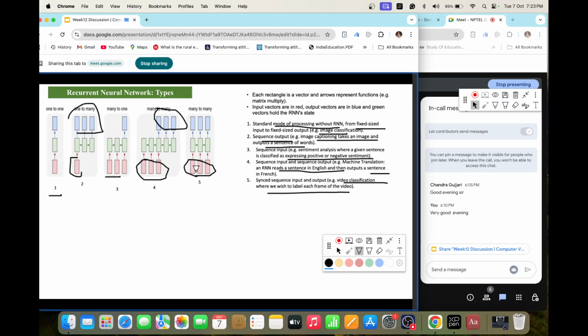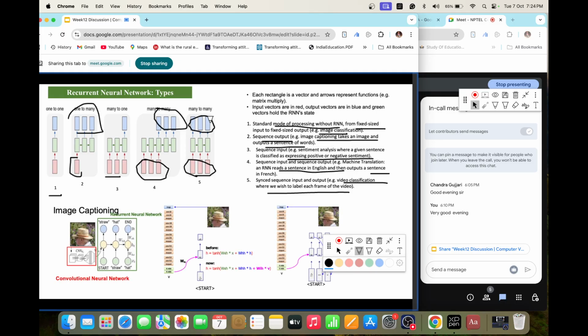Video is a collection of images, a sequence of images over time. So all the red boxes will take each frame of the video. So the sequence of images combined is a video, and the output will also be in combined form, and each blue box will give you your video classification, okay. So those are the different types of networks.